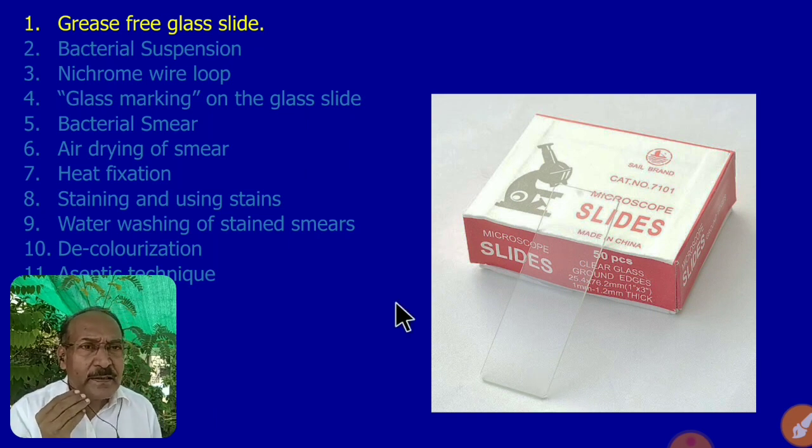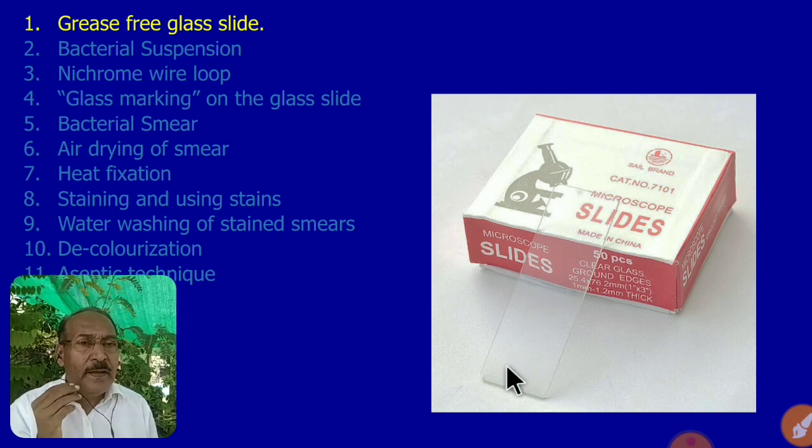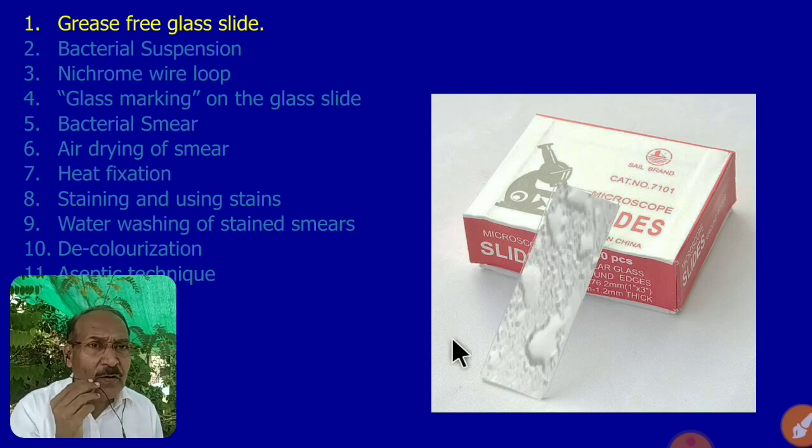Grease-free glass slide means, suppose you trickle down some amount of water, keeping the slide inclined, and let that water flow down. If the total surface of a slide is covered by this flowing water, it is grease-free. If a slide is not grease-free, then it will look like this. You will see some water drops accumulated on the surface.